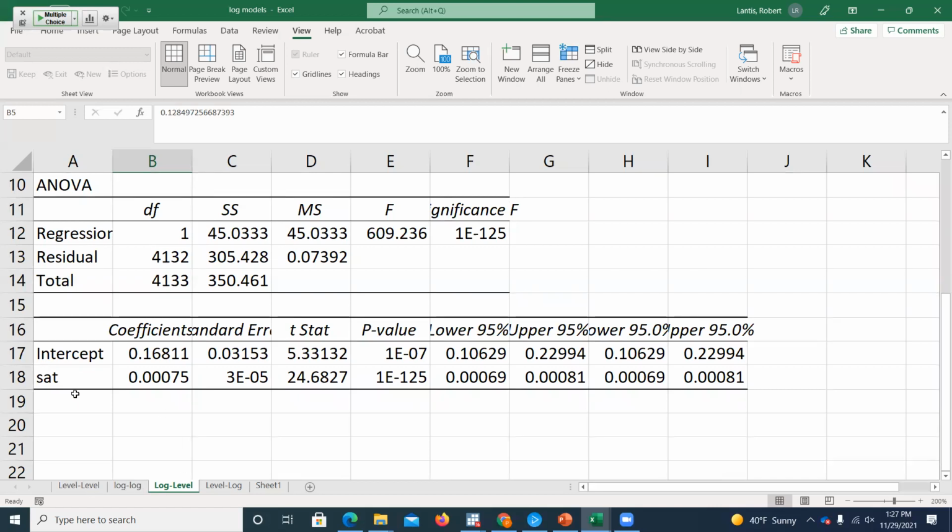Here, we didn't take the natural log of SAT, but we took the natural log of our y variable, which is GPA. So instead of a 1% increase, it goes back to 1 unit. One more point on the SAT would predict that our GPA changes by 0.00075.